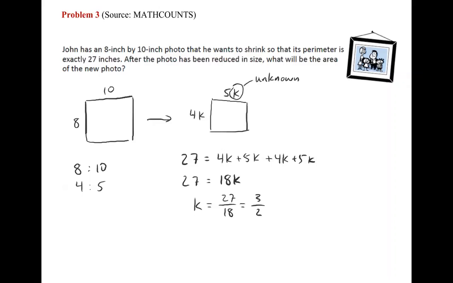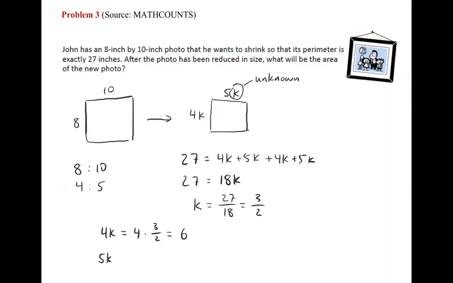Since we know that the width of the reduced photo is 4k, we just multiply 4 by k, which is 3 over 2, and that will give us 6, okay?